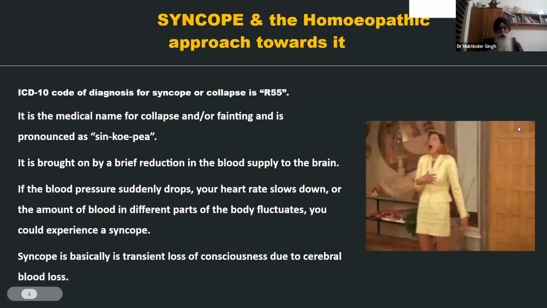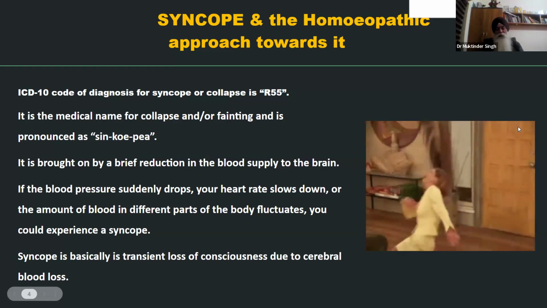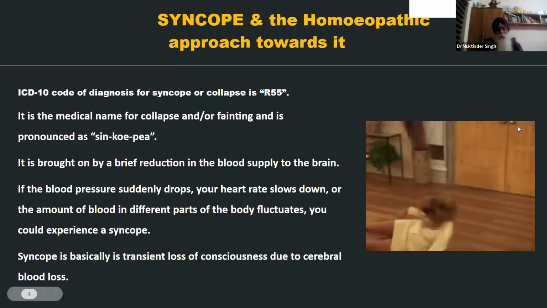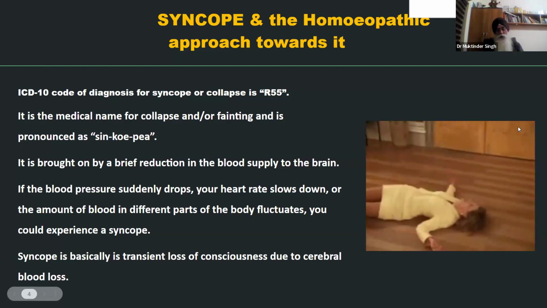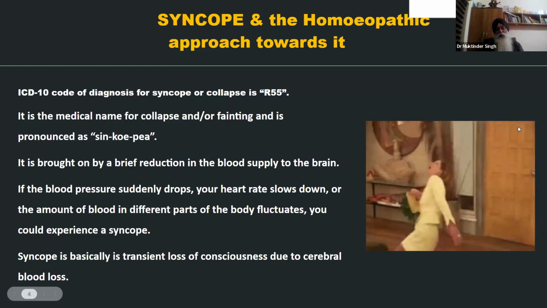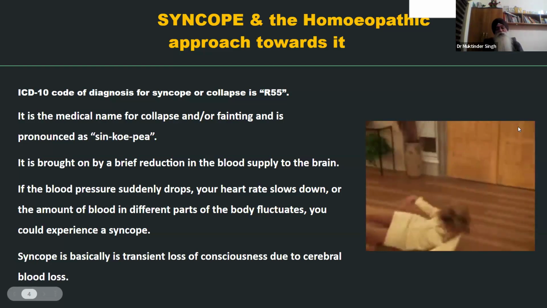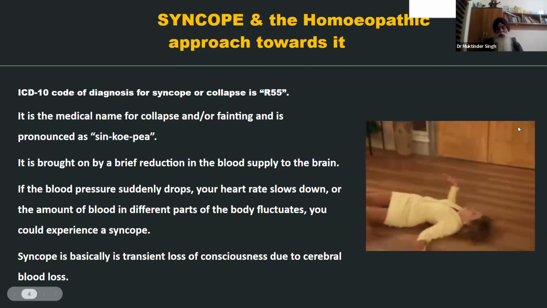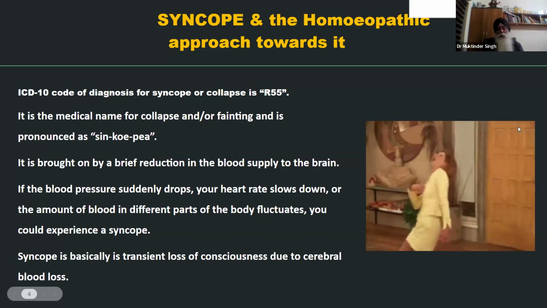There is a sudden fall in blood pressure, which causes a sudden failure of our system. If the blood pressure suddenly drops, your heart rate slows down, or the amount of blood in different parts of the body fluctuates, you could experience a syncope. So syncope is basically a transient loss of consciousness due to cerebral blood loss.